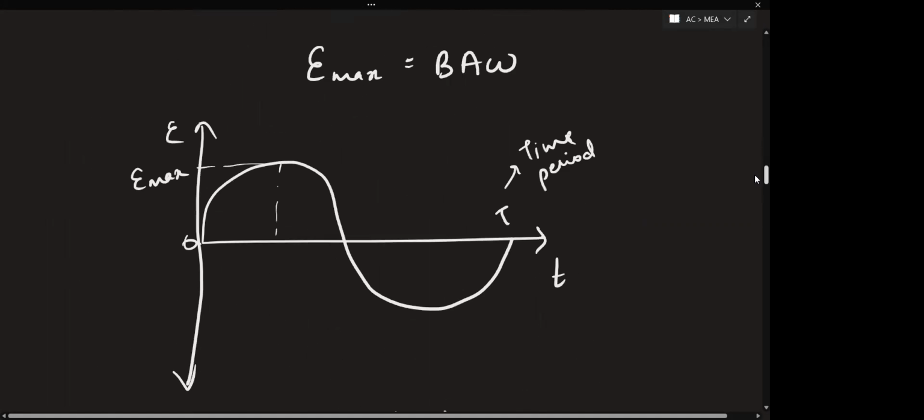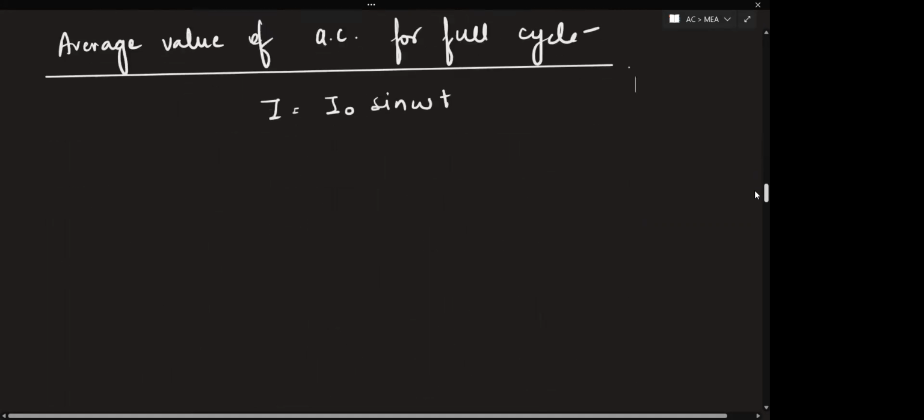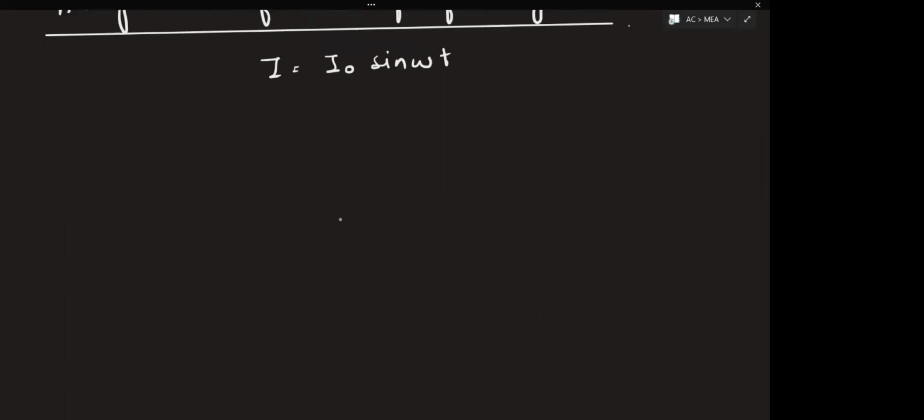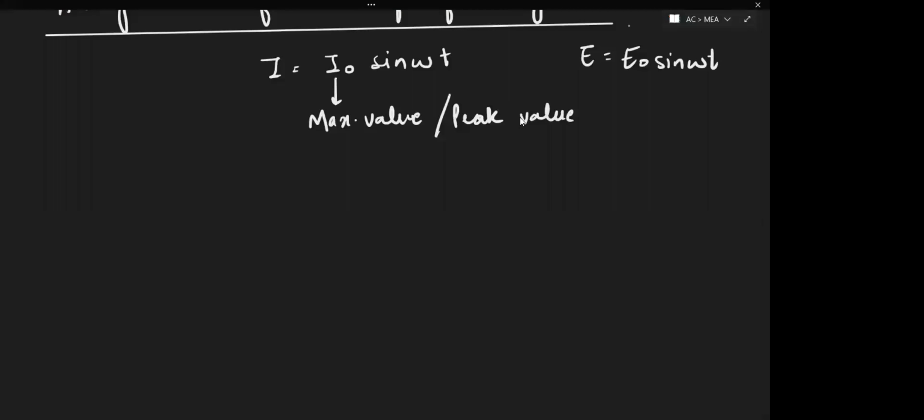No. See, in these equations, whenever E is written, E is equal to E naught sine omega t. This E naught, or I naught, means the maximum value, or you can say the peak value. Similarly, E naught will also become the maximum value of EMF or the peak value of EMF.